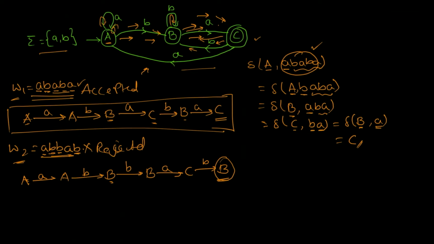Now let's take the same transition function for the string w2 also.